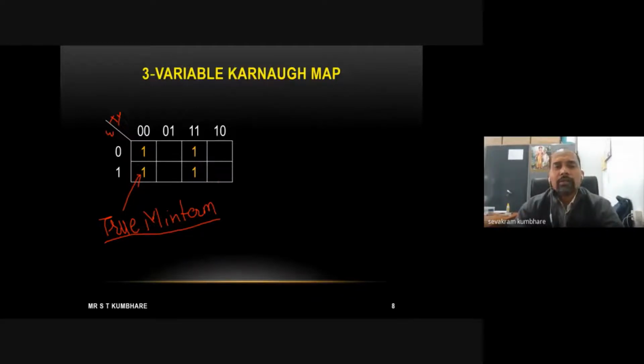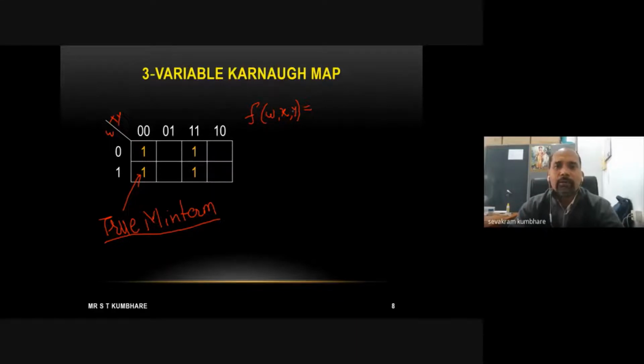Now, our task is, in order to simplify, I can write down the expression from this: f of w, x, and y is equal to, meaning function of variables w, x, and y.